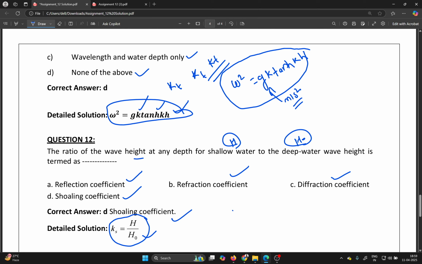So definitely the previous weeks will help you in your conceptual understanding of GATE questions. But definitely this is out of your syllabus of GATE.